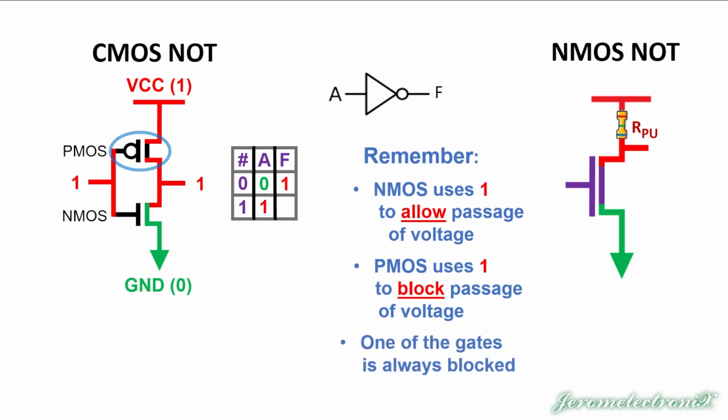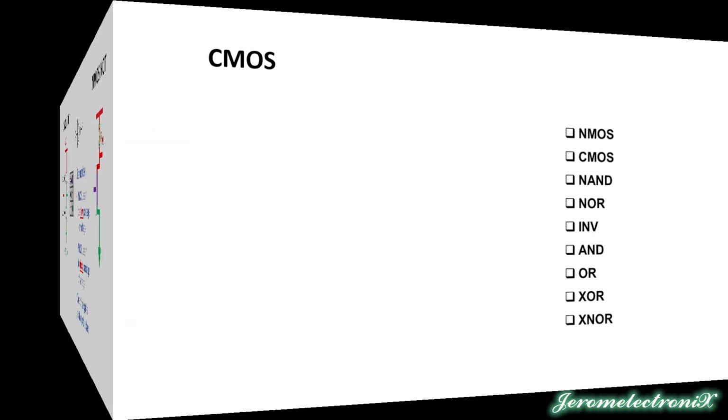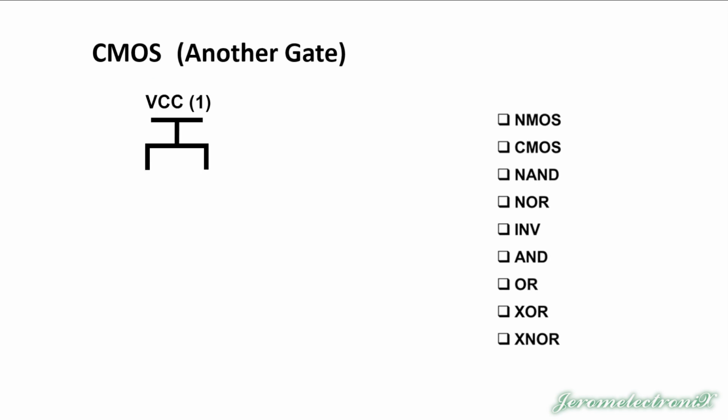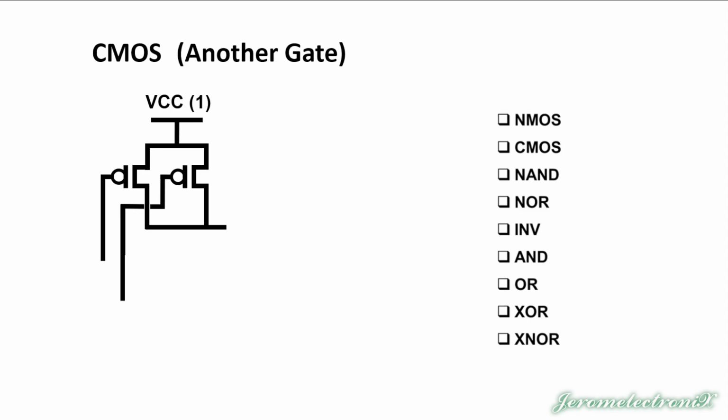It looks like 1 is blocking passage through the PMOS, which means ground and its 0 voltage is going to go through and change the output to a 0. So this is a gate that actually uses both PMOS and NMOS, and it's a NOT gate.